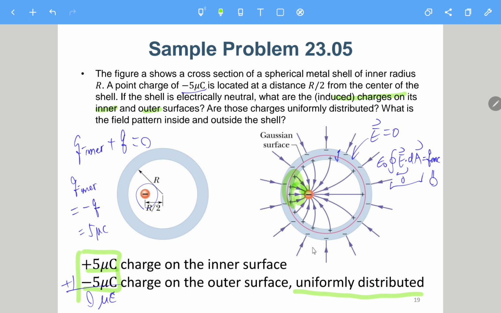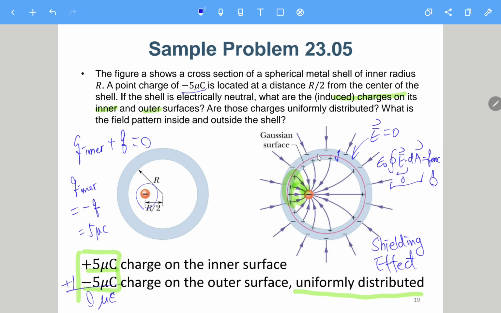But for the outer part, it is another phenomenon. We will call it the shielding effect. It is like a shield.